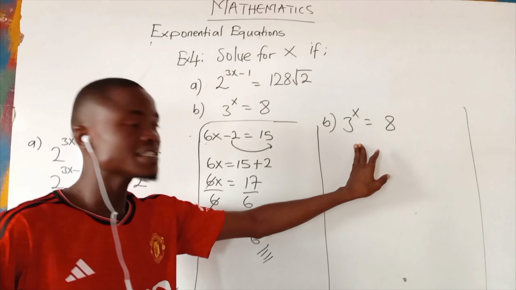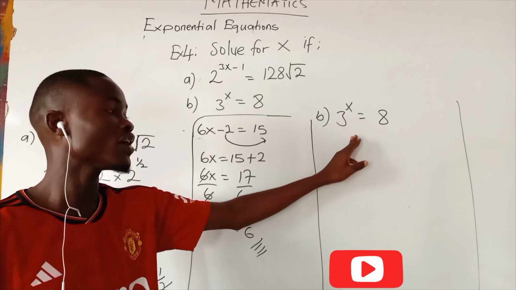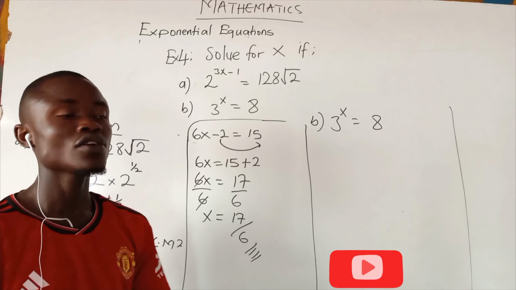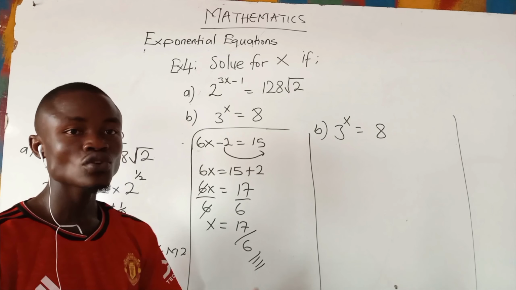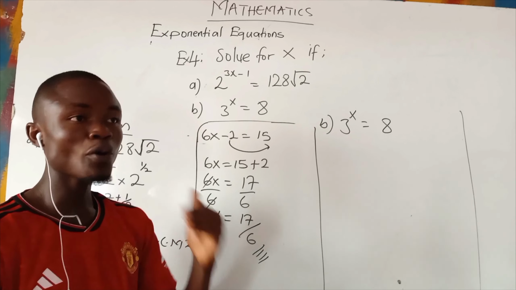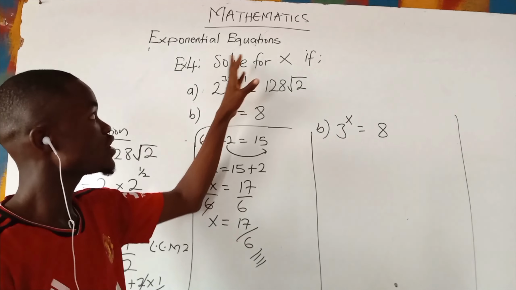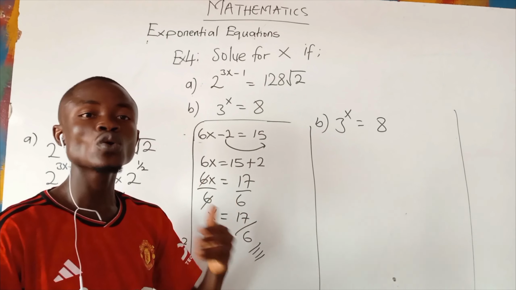Now, take this as an assignment or classwork. After I've solved it, send your answer in the comment section. And also, the next tutorial is going to be worked questions on exponential equations leading to linear equations.